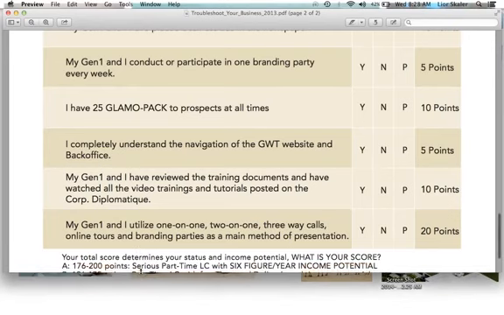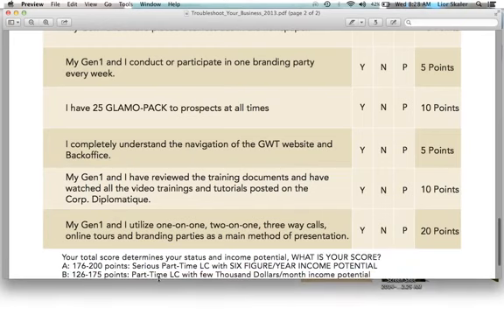If you have a score between 176 and 200 points, you are a serious part-time luxury consultant with 6-figure per year income potential. Congratulations if this is you. You are headed for some serious residual income.